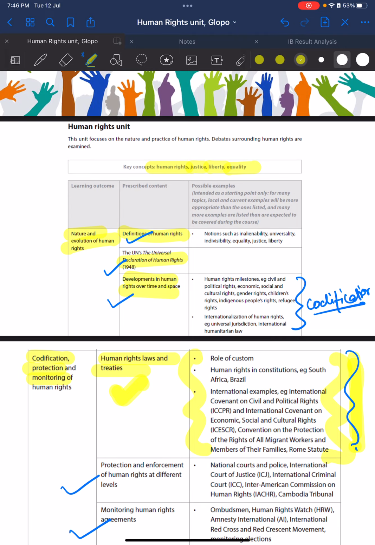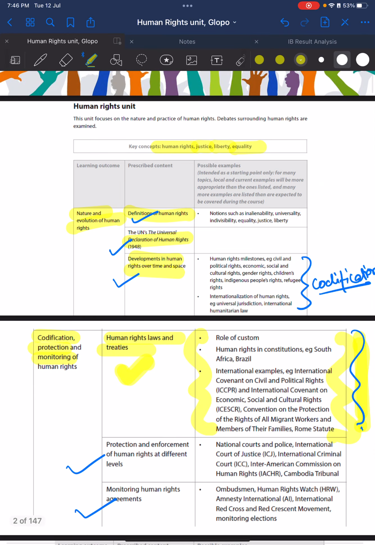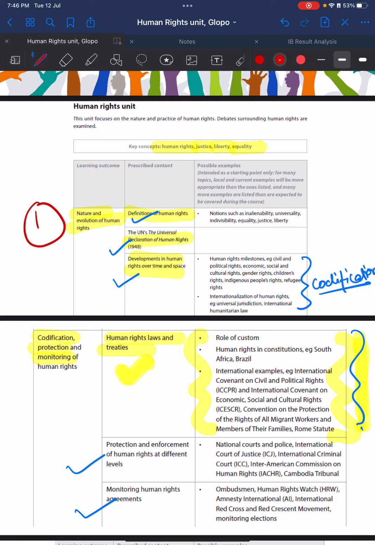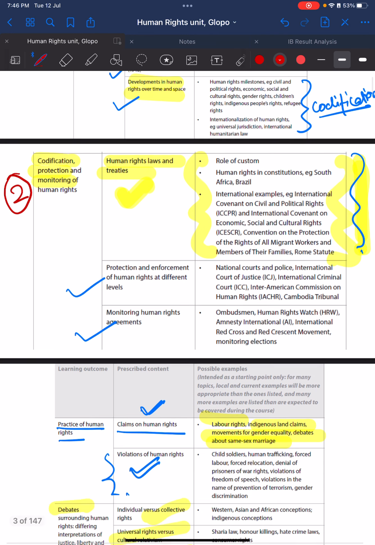unit. If you see, it is divided majorly into 3 parts, right? The first part is nature and evolution of human rights. The second part is codification, protection and monitoring of human rights, where you would be studying about the state actors and the non-state actors.